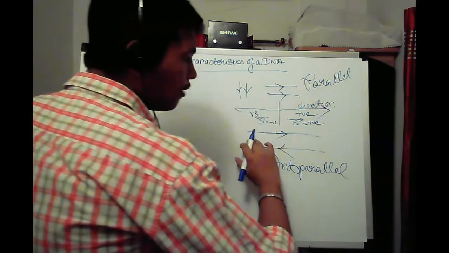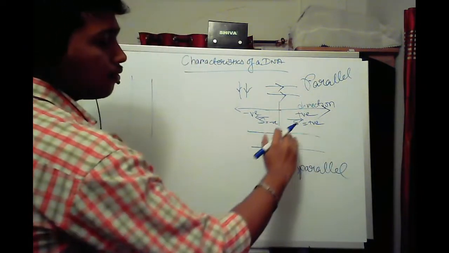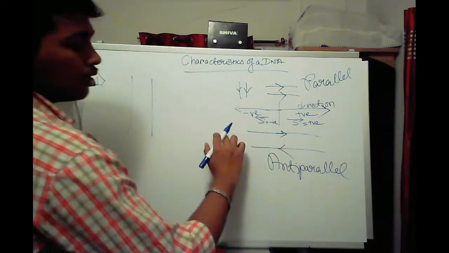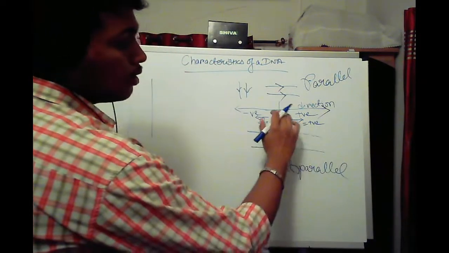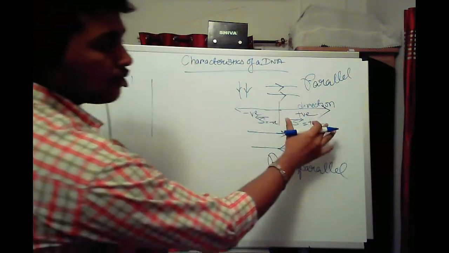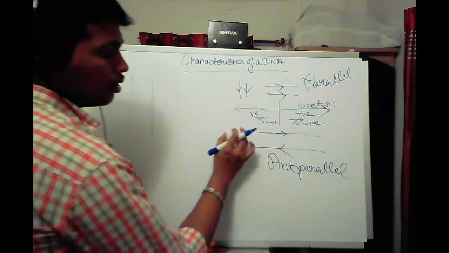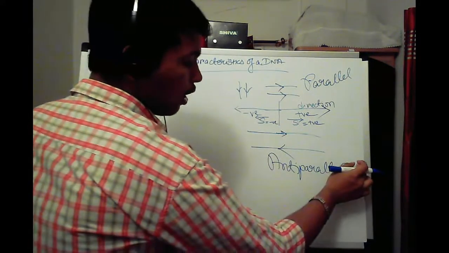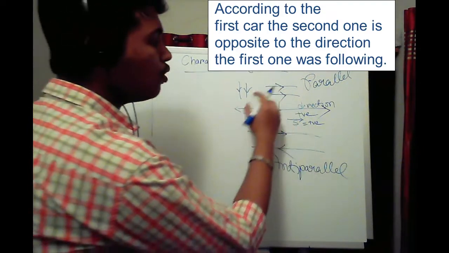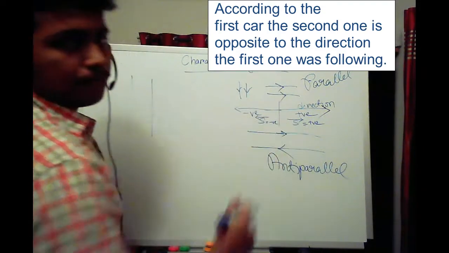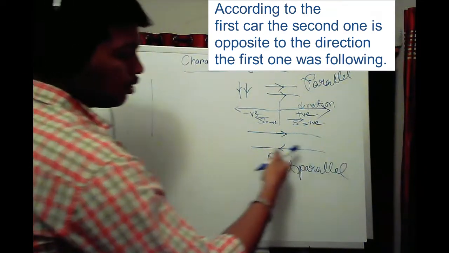Any line which is parallel, for example, if a car is going in this line, the positive displacement, it's going in this line. The direction we have stipulated for it is positive because it's going from here to here. But another car is coming from here to here, and according to our frame of reference, our stipulation of the graph on this road, this car is moving from positive to negative direction.